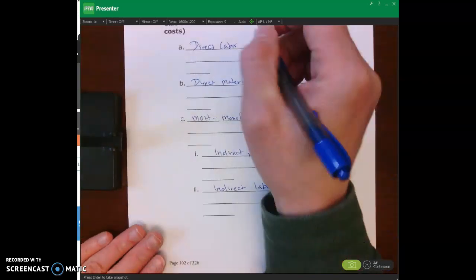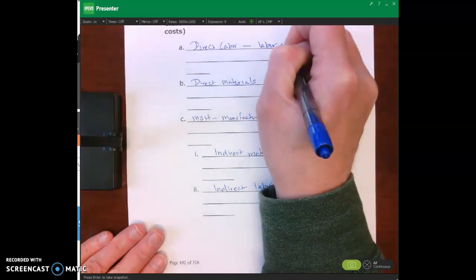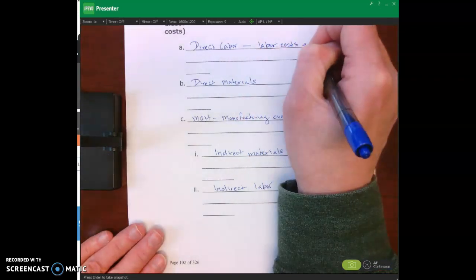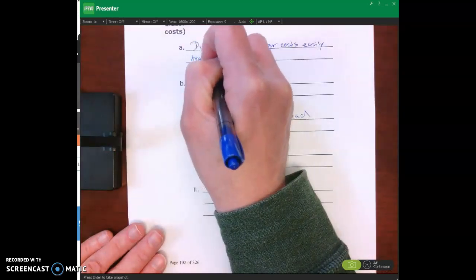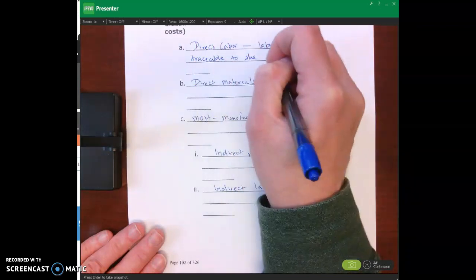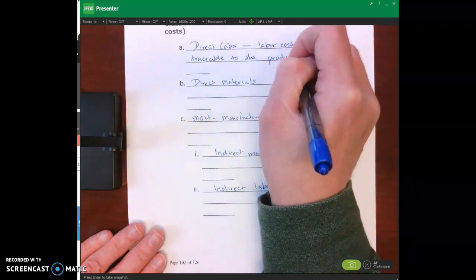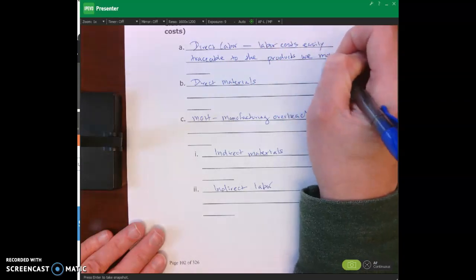So we can say with direct labor, labor costs easily traceable to the products that we, the company, make.